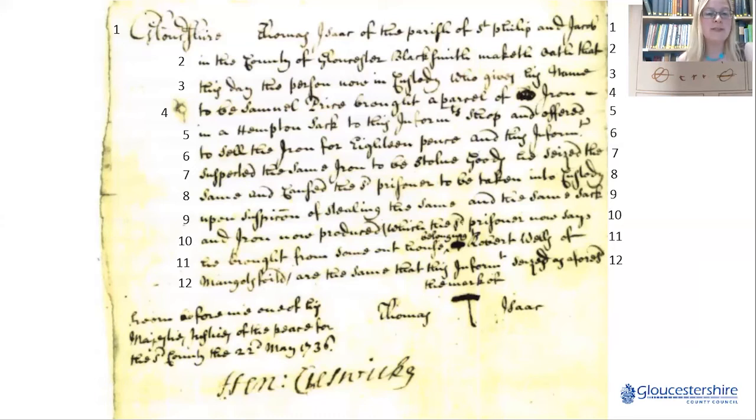And then, of course, you've got the C as well that shows it's "suspected". "The same iron to be stolen goods", and "goods" is the word I showed you earlier with the ES mark showing that it just means "goods". "He sees the same and carried the said prisoner to be taken into custody."